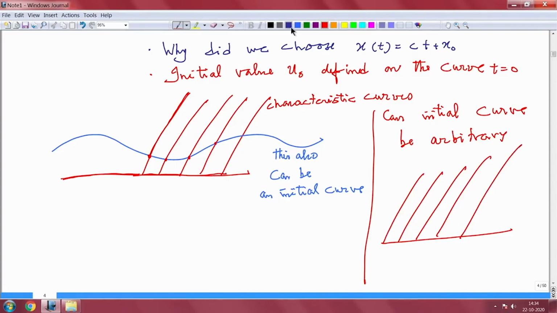And now suppose I choose an initial curve like this. If my initial curve happens to be like this, you see, this is not possible. It will not solve the problem. Why?